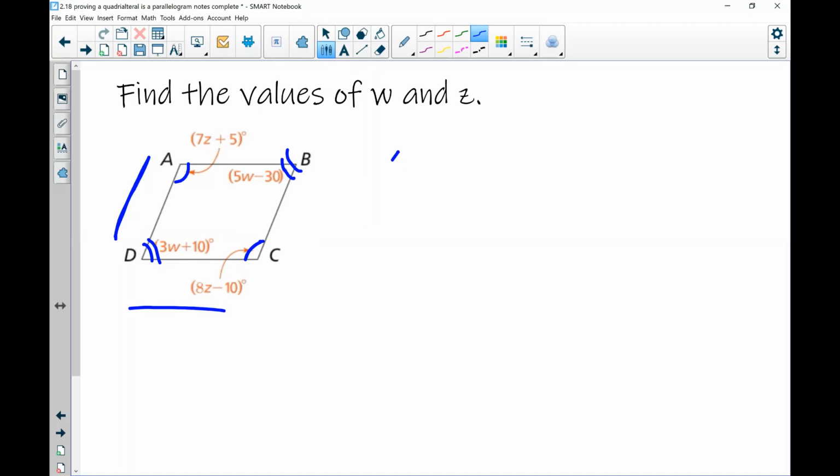So angle A should be equal to angle C. So 7Z plus 5 should be equal to 8Z minus 10. Okay, so now we just solve for Z here.